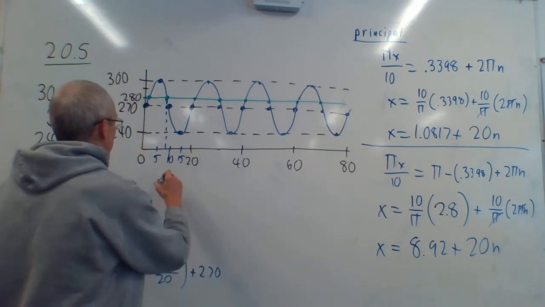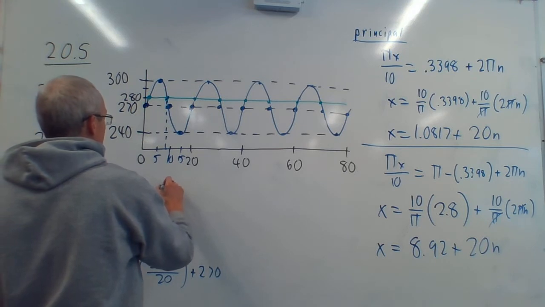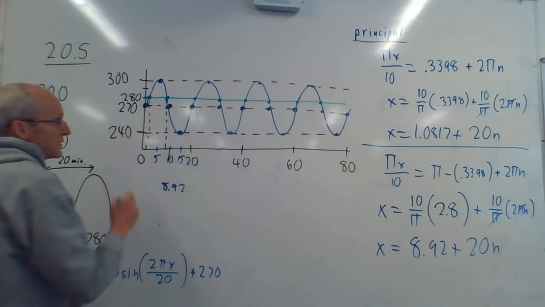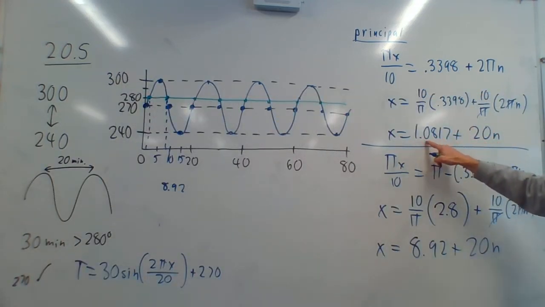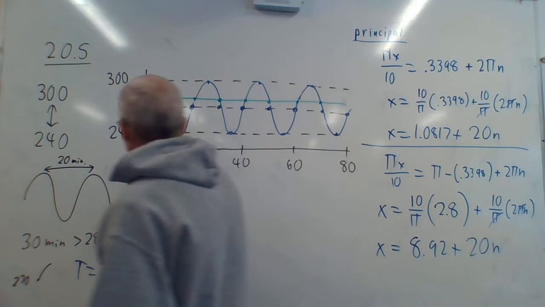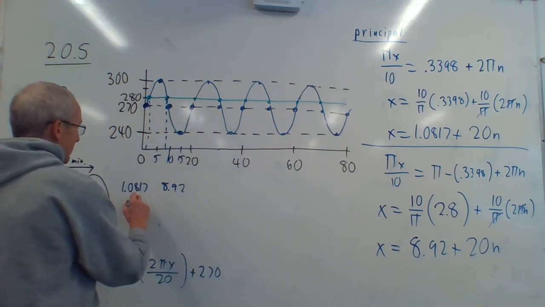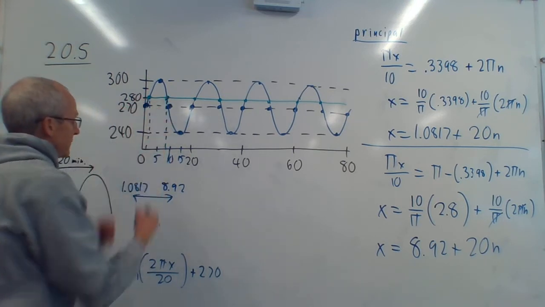So this is at 8.92 minutes. And the first green dot looks like it's really close to 0, when n equals 0, which is about at 1.0817 minutes. So the difference between those two is going to be that time difference.